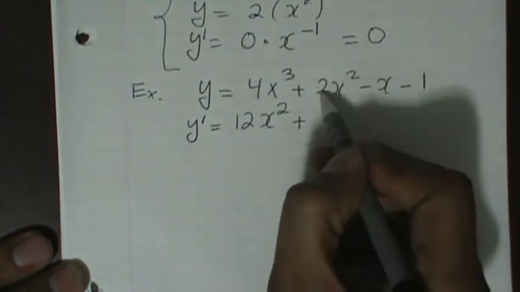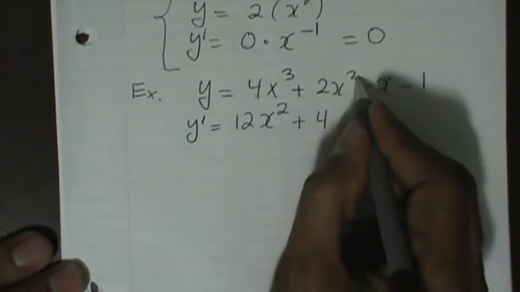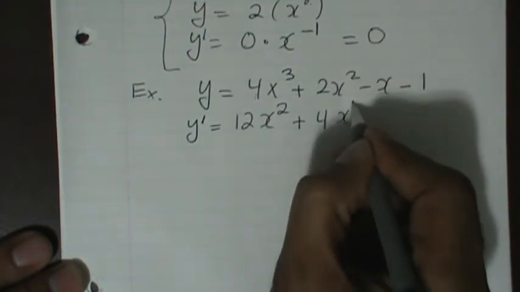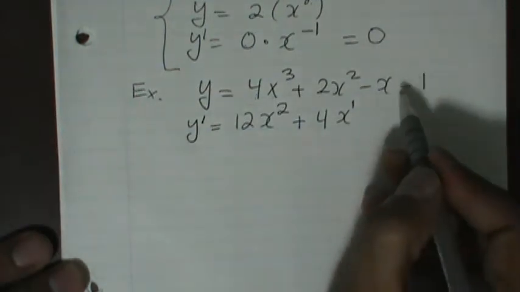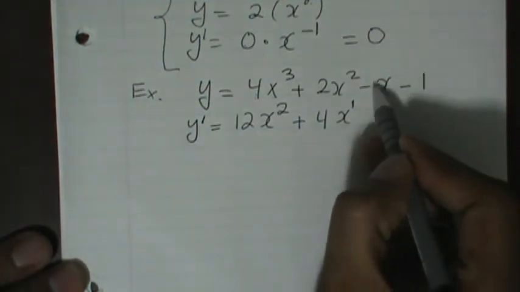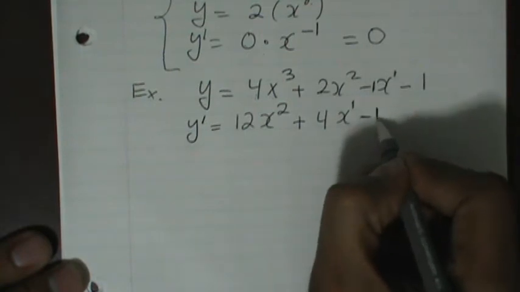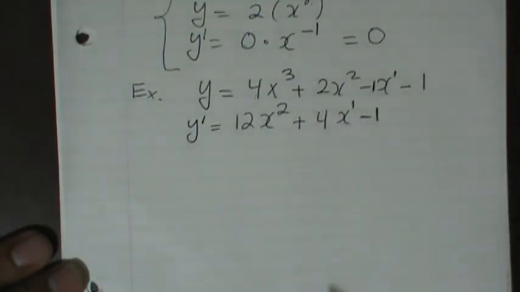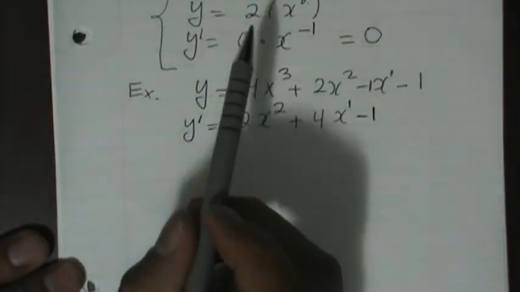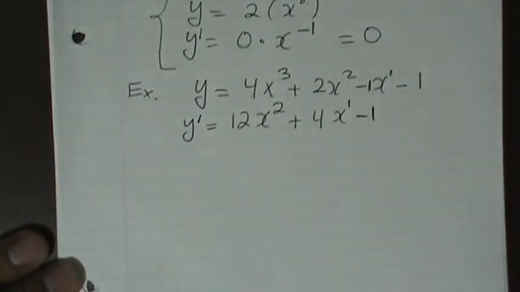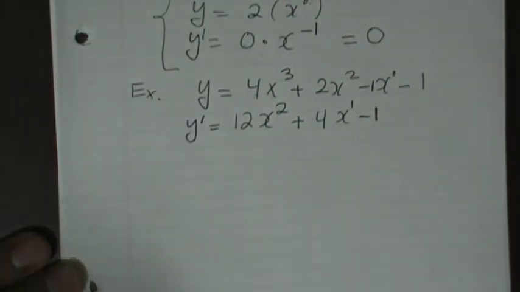Plus 2 times 2 is 4, so we subtract 1 from the exponent, and it will be x to the power of 1. Now, the derivative of negative 1x: negative 1 times 1 is negative 1. When we subtract 1 from the exponent, it will be 0, but x to the power of 0 is equal to 1. We mentioned that earlier.